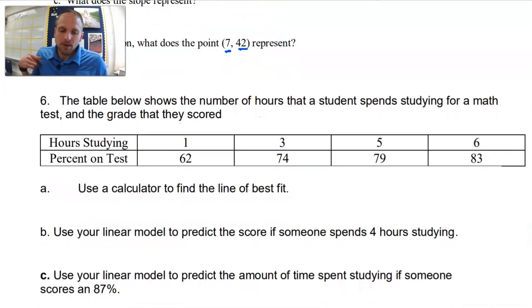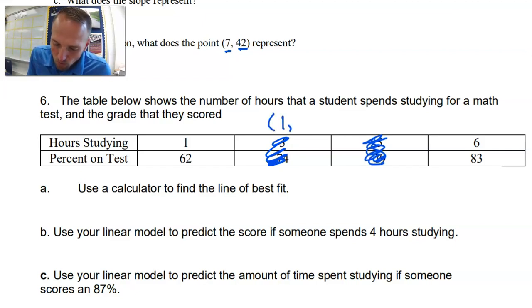Number 6. The table below shows the number of hours that the students spend studying for a math test and the grade that they scored. Use a calculator to find the line of best fit. Okay, so this is a scatter plot. I'm just going to pick the first and the last one and make the line of best fit.